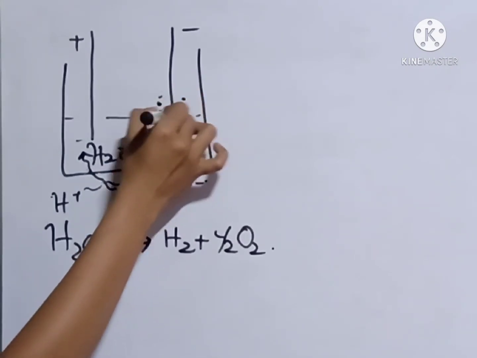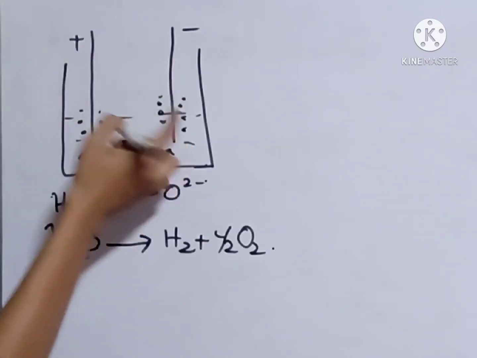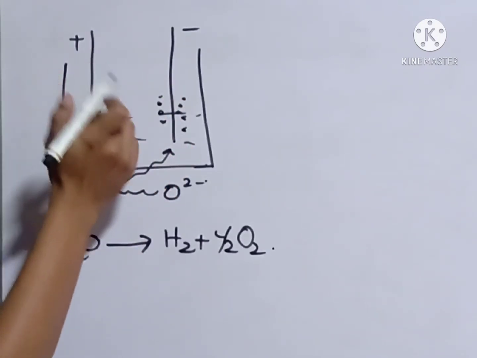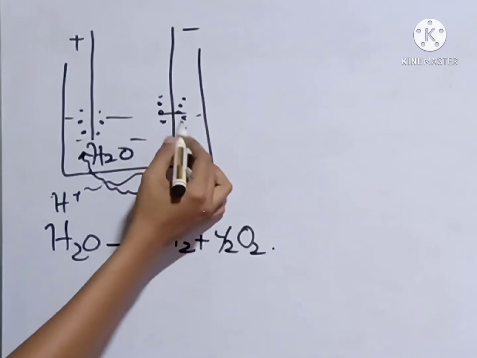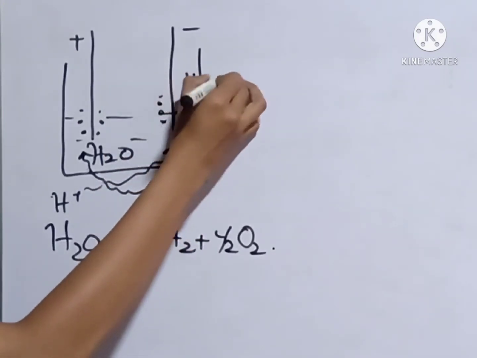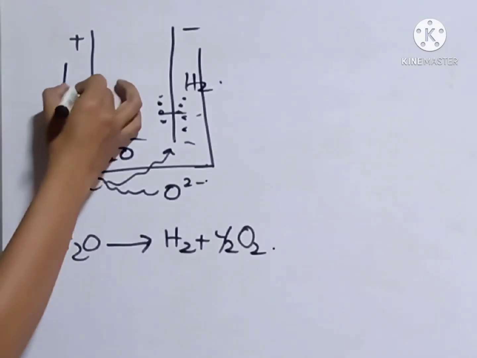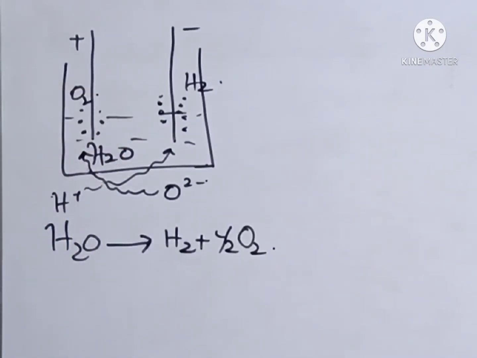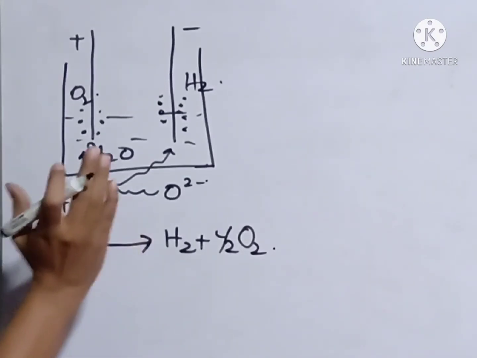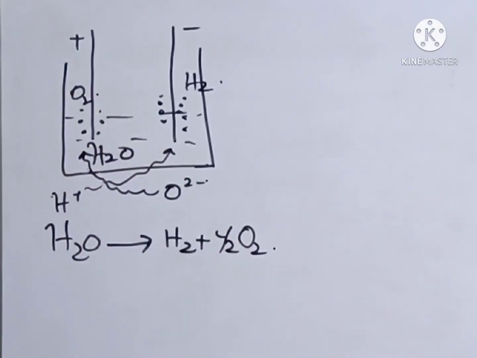Here during electrolysis, gas bubbles will be formed around the positive electrode and negative electrode. The gas bubbles formed at the negative electrode are hydrogen gas, and the gas bubbles formed at the positive electrode are O2 gas bubbles. So hydrogen gas and oxygen gas will be evolved during the electrolysis process.